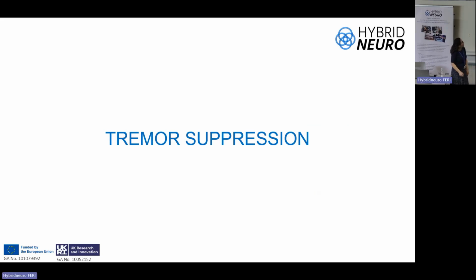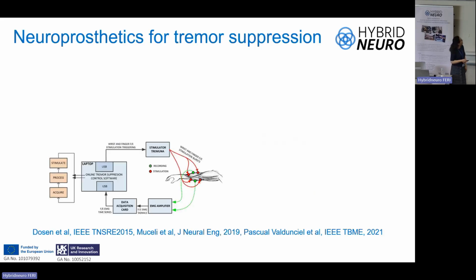And finally, another example that you have seen from Alejandro yesterday as well, so I will be very fast. We have used the electrode for stimulation and recording also in the reduction of pathological tremor. We target people with wrist tremor, in flexion and extension directions.